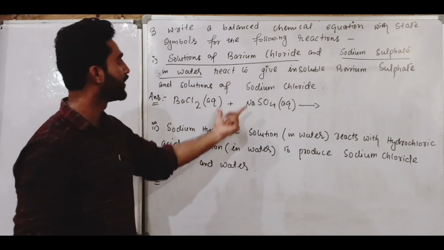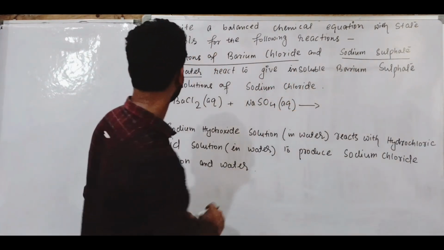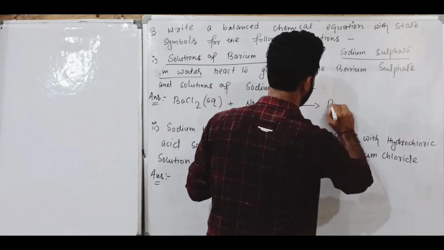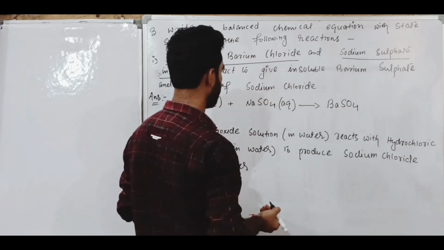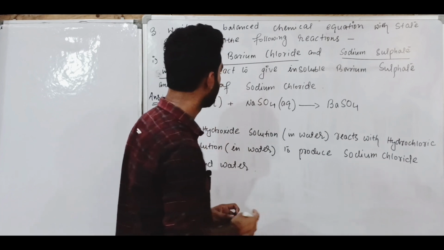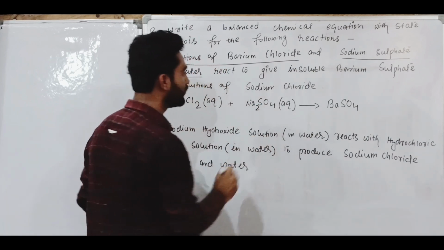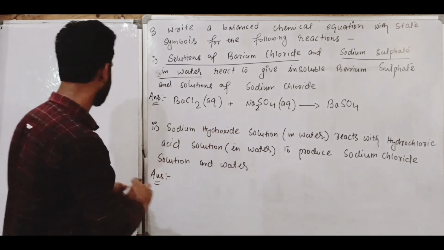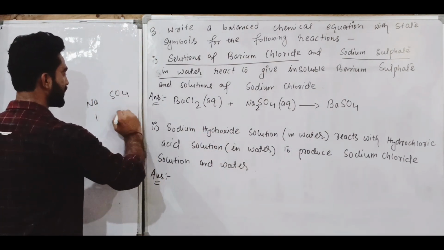They reacted together and they formed what? Insoluble barium sulfate, BaSO4. Sodium sulfate formula will be Na2SO4 because sodium valency is 1 and sulfate valency is 2.